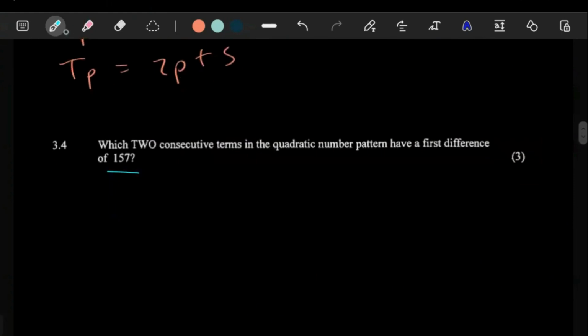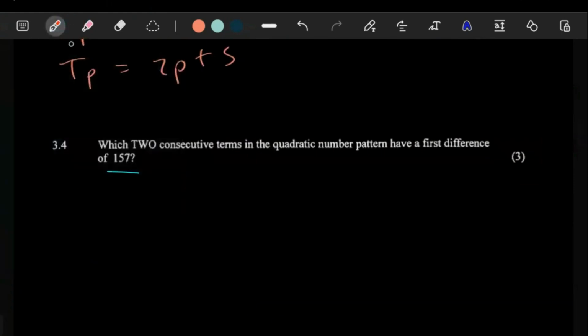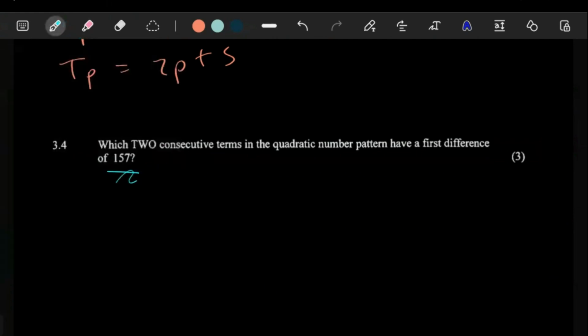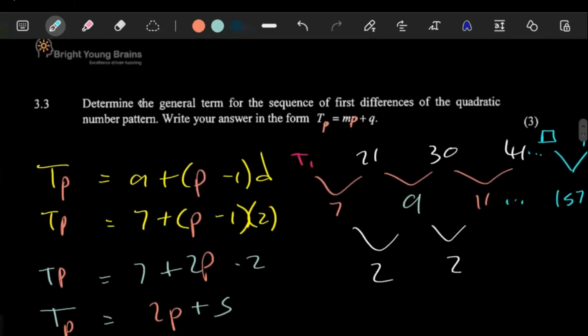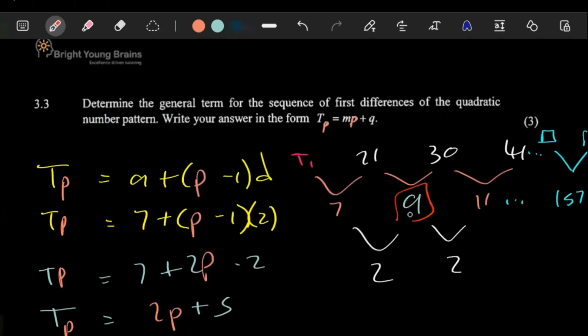So the way you're going to do this is, you already know that in your sequence of first differences, you can just find this position. You can just find out what position this term is in. Let me give an example. Something that's in position number 2, you get it as a result of T3 minus T2.